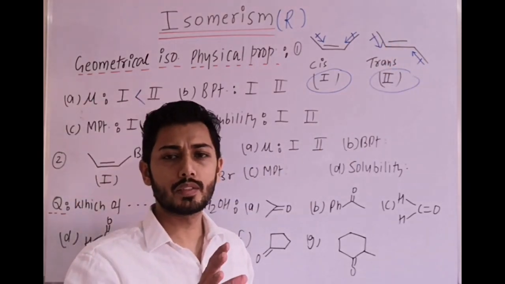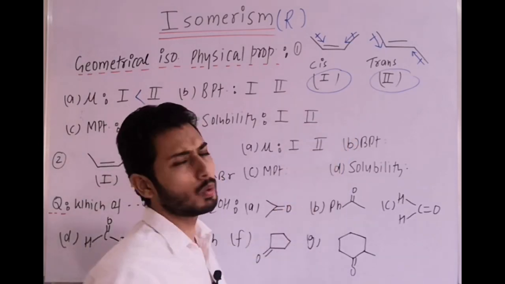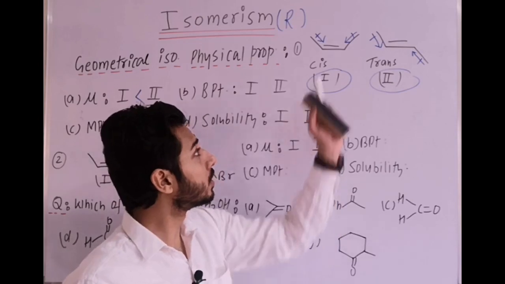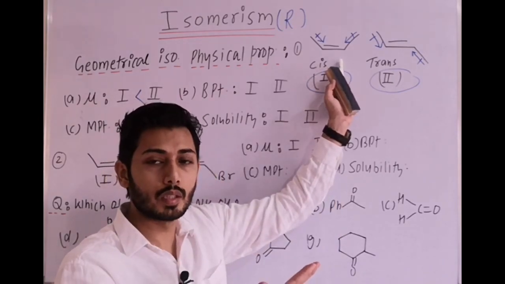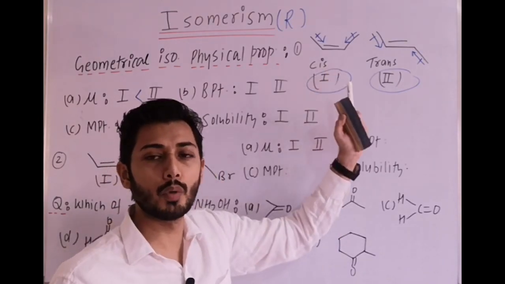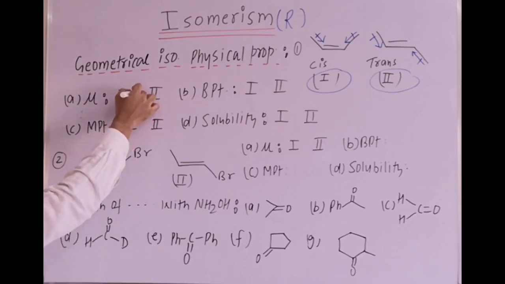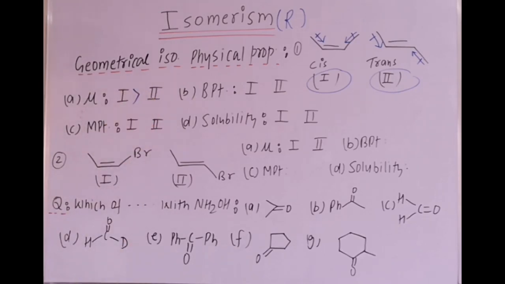So in short, we can say that in trans the dipole moment will be cancelled and in cis it will not be cancelled. So cis in this example will have more dipole moment as compared to trans. So here we can compare mu will be more for the first structure as compared to the second.